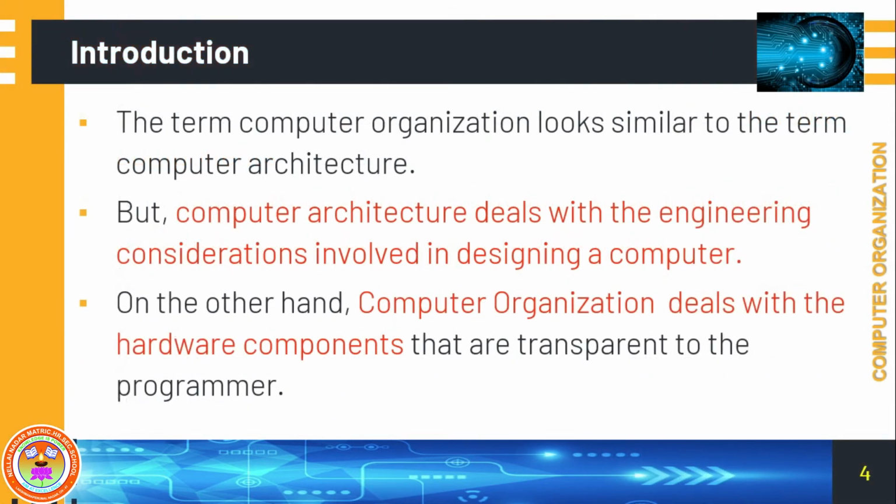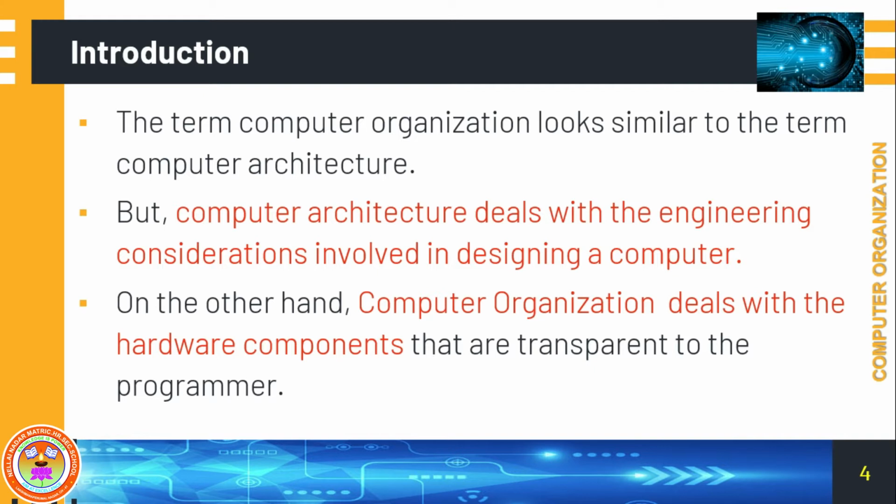Then computer organization looks similar to the term computer architecture. What is another name for computer organization? Computer architecture. What is the meaning of architecture? Generally, architecture deals with the engineering considerations involved in a system. Here, we apply the same concept to computers.